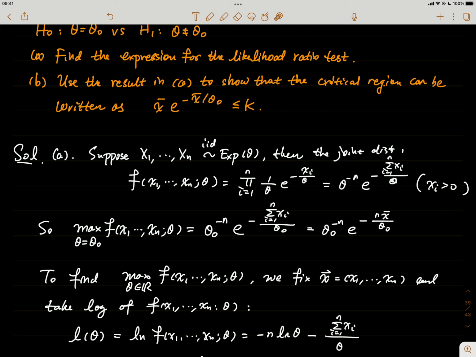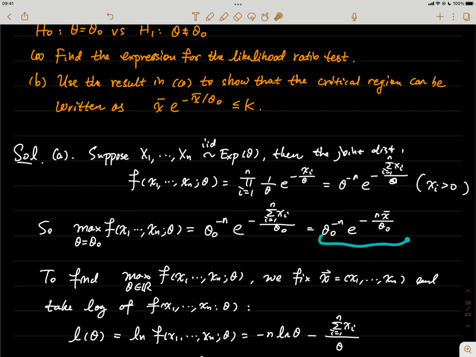But that region only contains a single value, theta 0. So the maximum value over that region is nothing but plugging in theta equals theta 0. That will be our numerator in the likelihood ratio test statistic.